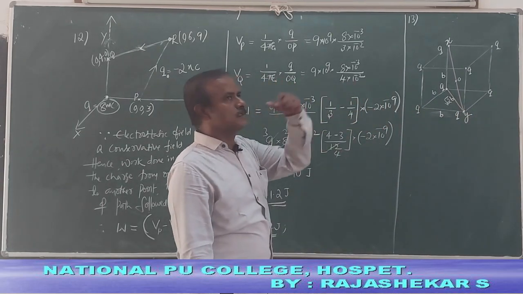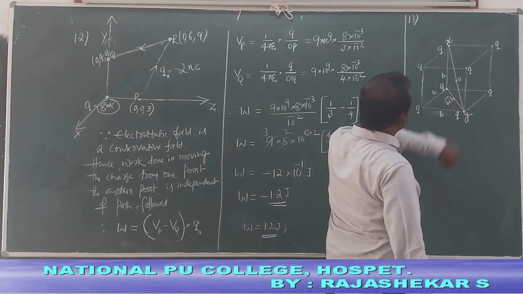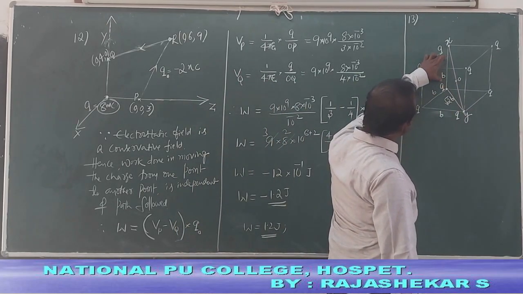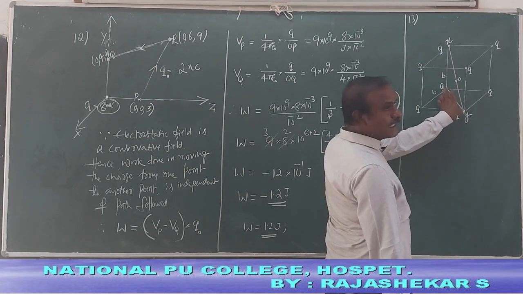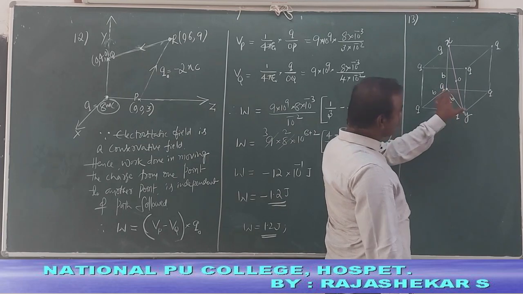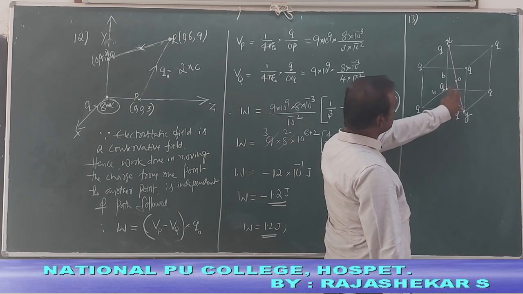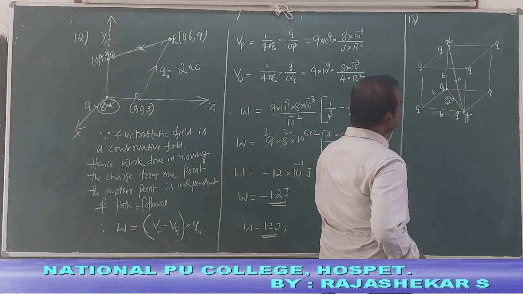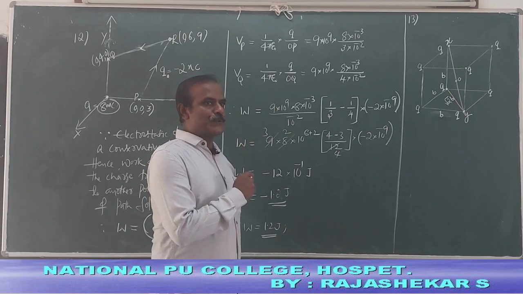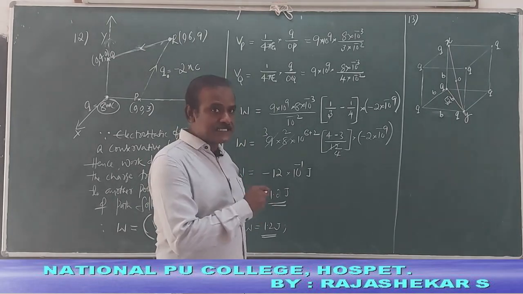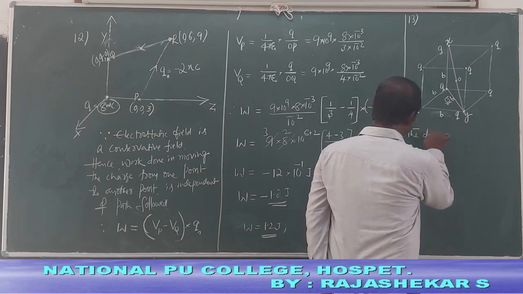Now focus on the diagonal of the cube XY. XY is nothing but square root of this square plus this square, and this square is the diagonal of the face of the cube, hence it is root 2b, root of b square plus b square. So I directly write, students, because this discussion we made earlier, it is just a repetition, hence directly go with the diagonal of the cube.